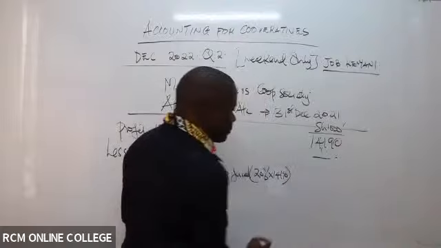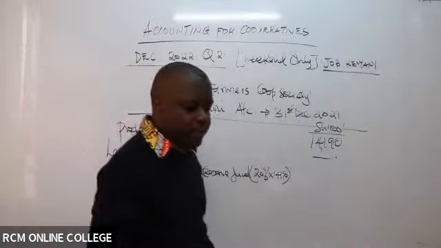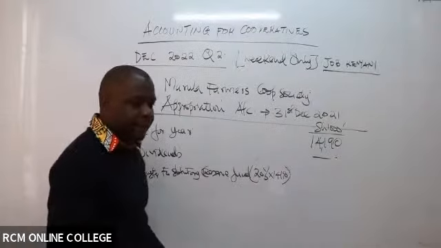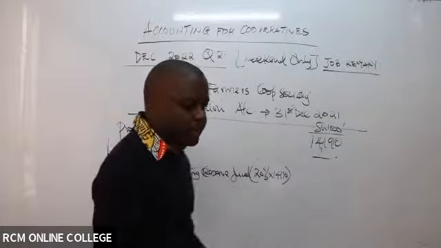So what do you get? 20% of 14,190, you get 2,838.